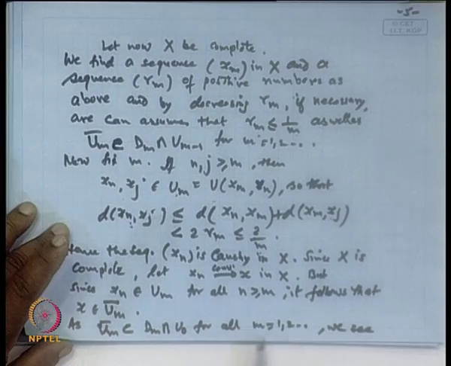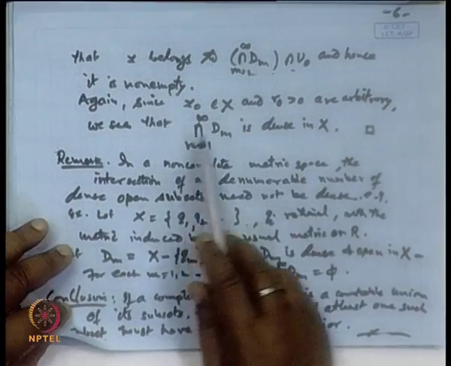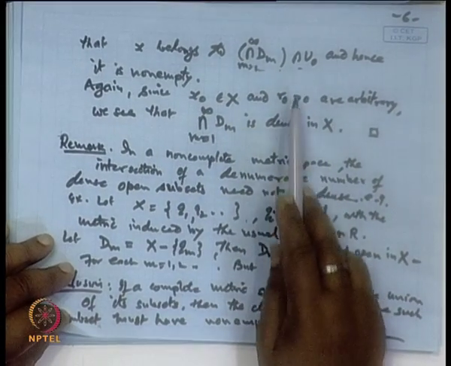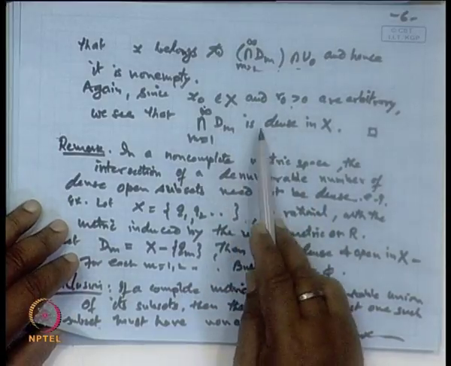So, we get a sequence, okay. And once you get this, then it belongs to the intersection. So, it will be arbitrary, because x naught is arbitrary and r naught is also arbitrary, therefore, this will be a dense set.